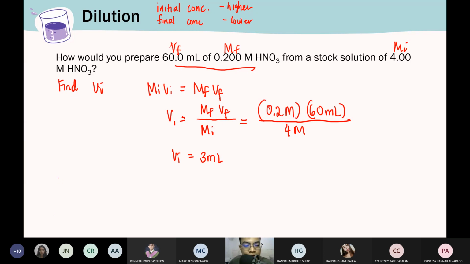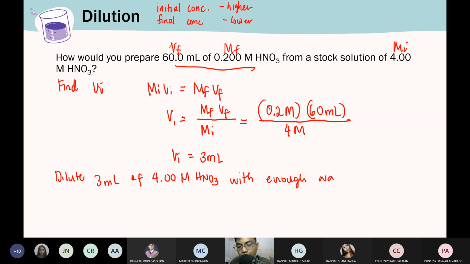So, basically, ganito yung susulat nyo: Dilute 3 ml of 4 molar nitric acid with enough water to make 60 ml of 0.200 molar nitric acid.